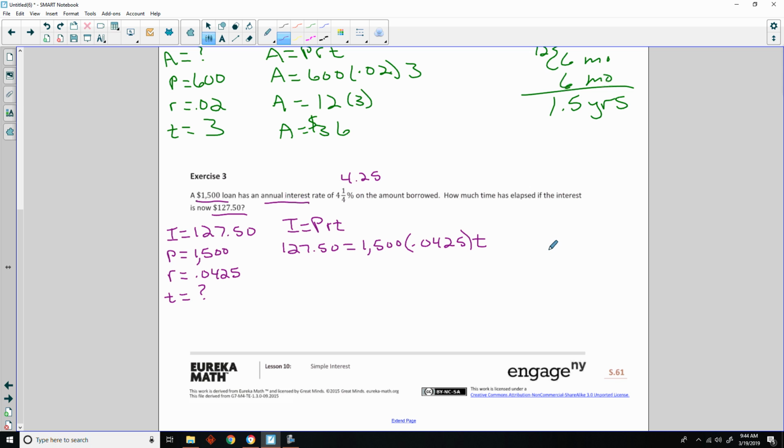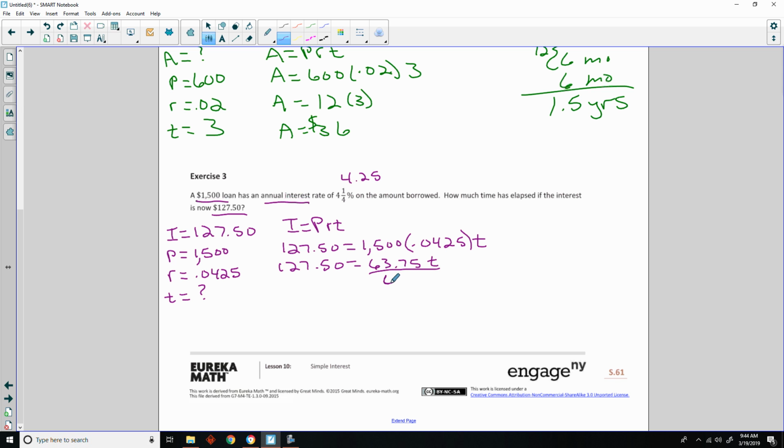I'm pausing here because I'm trying to figure out an easy way to do this. 127.50 equals, hey Siri, what's 1,500 times 0.0425? 1,500 times 0.0425 is 63.75. So this times this is 63.75 times t.